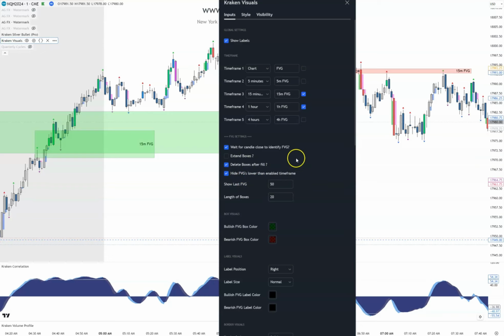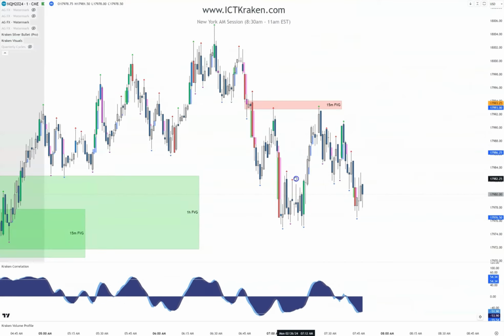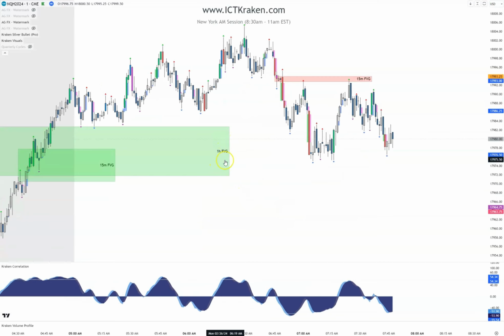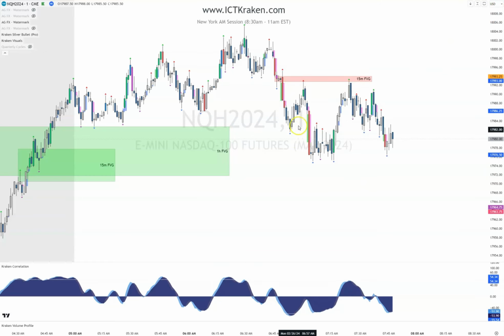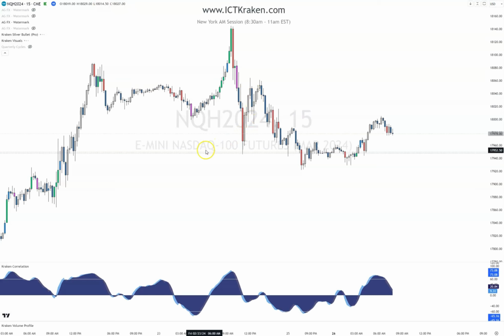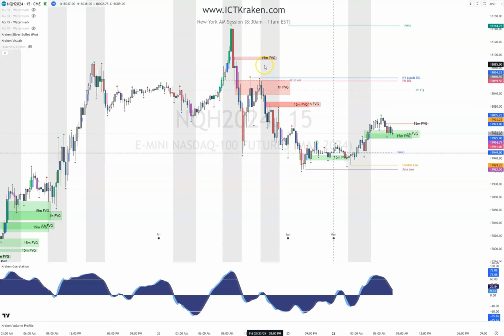Okay, so let me just show you what this does right now. So right here we have a 1 hour fair value gap that we're going to trade into, and then we have a 15-minute fair value gap here. And this right here is the 1 minute time frame. Let me turn on the watermark here. 1 minute time frame, right? So if I go to the 15-minute, it will show the 15-minute fair value gaps, because that's what I have selected, 15 minutes, and then the 1 minute fair value gaps.